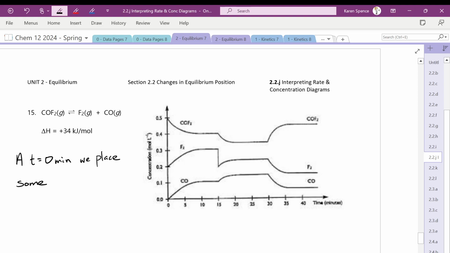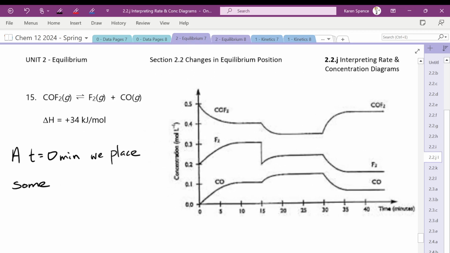Well, give me a specific substance. Yeah, we put some COF2 and some F2 in a flask.